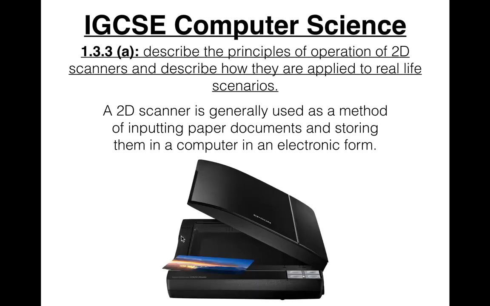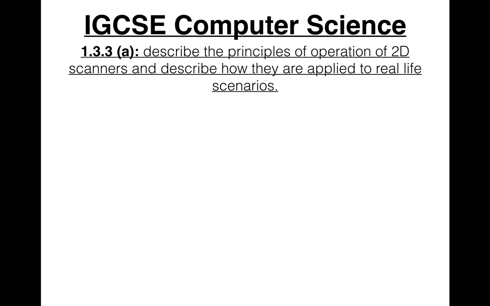A scanner kind of looks like this. An example of the use of a scanner, which we're going to get to later, is scanning passports at airports, and we're going to be discussing that towards the end of the video, when they apply to real-life scenarios.